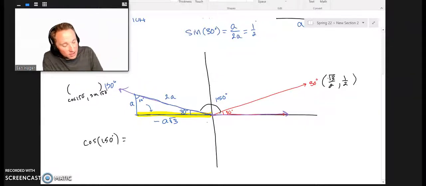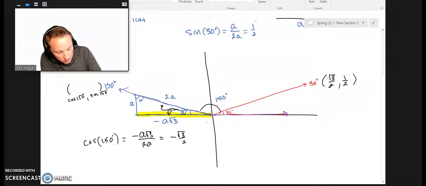All right, so cosine is adjacent over hypotenuse. So standing at this 30-degree reference angle, adjacent is negative a root 3. Hypotenuse is 2a. The a's cancel and I get negative root 3 over 2. Let's look at sine of 150.